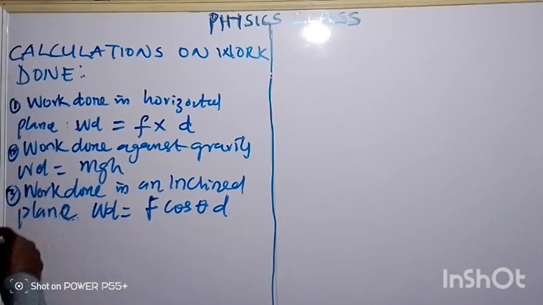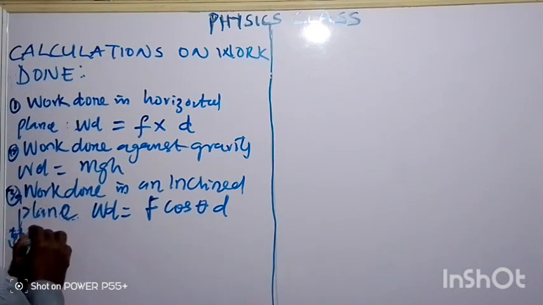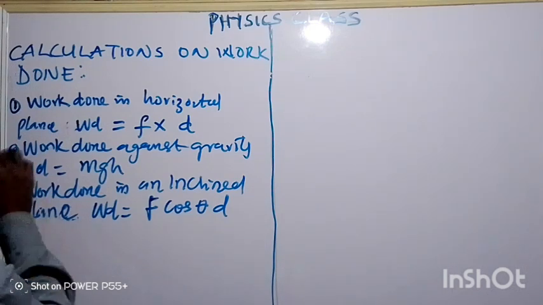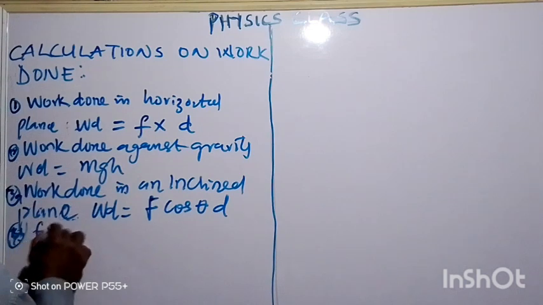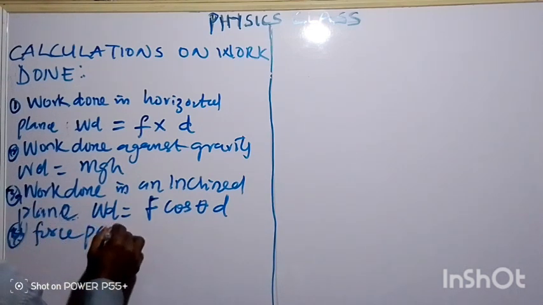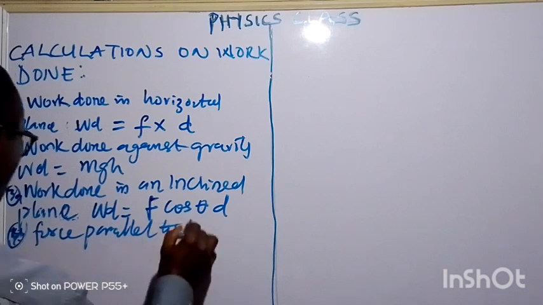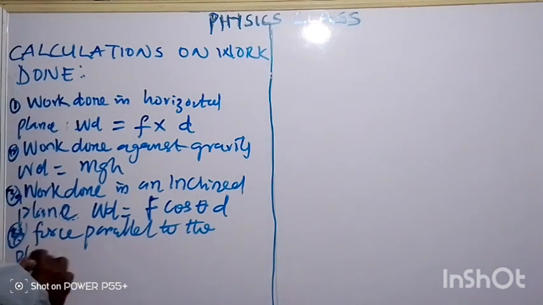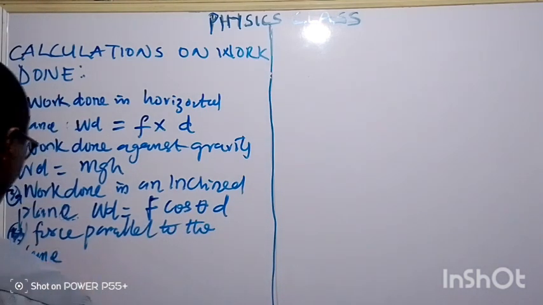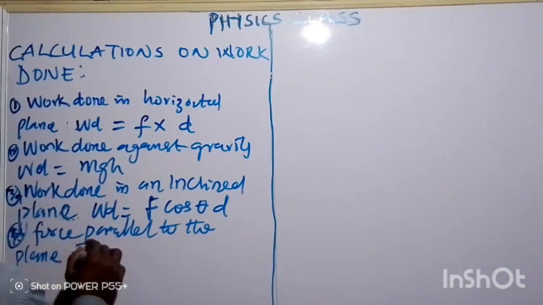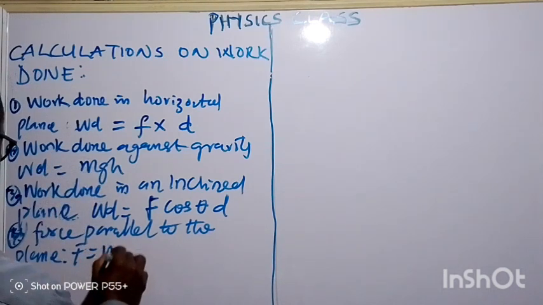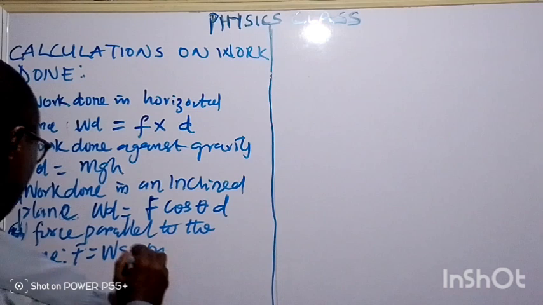At the same time, number 4, see under inclined plane. Let's call this one 3A, then 3B. Under inclined plane, we talk about force parallel to the plane, which we said F is equal to W sine theta.